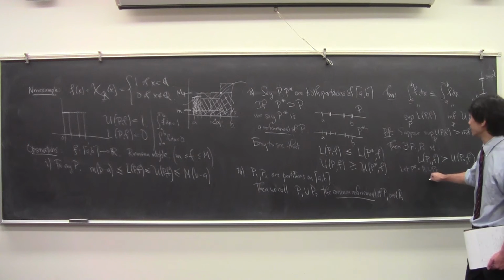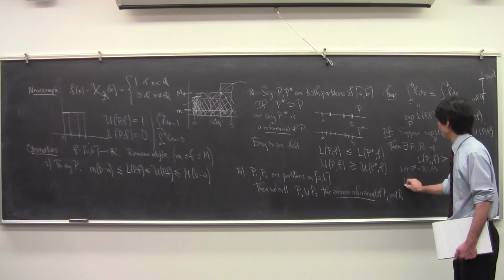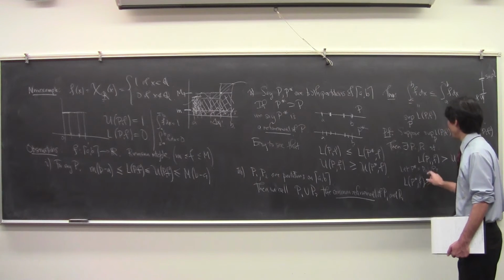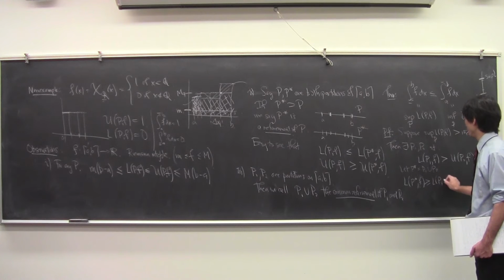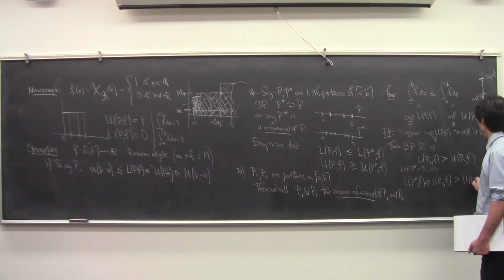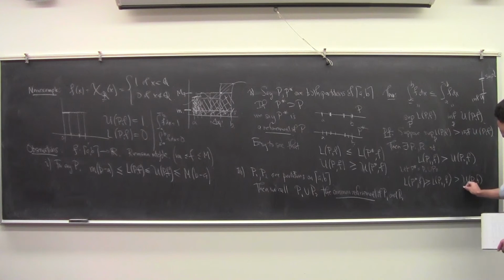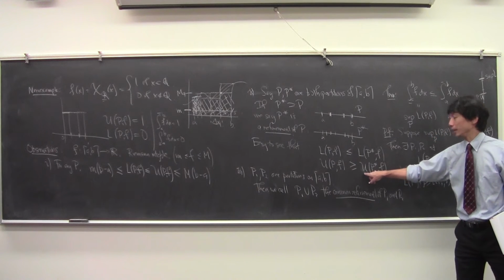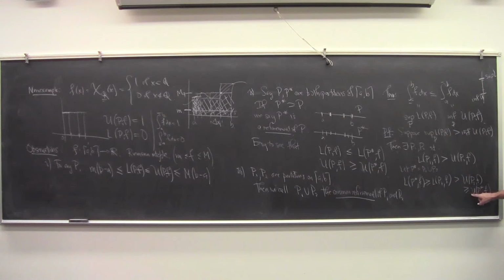And you see what will happen? Well, the lower sum of P star is bigger than or equal to the lower sum of P1, but that's bigger than the upper sum on P2, but that is bigger than or equal to the upper sum of P star. Right? As you refine it, the upper sum gets smaller.